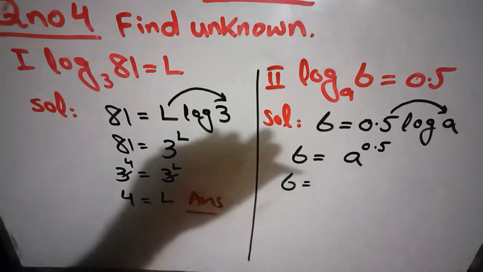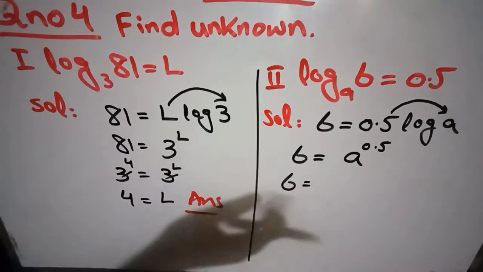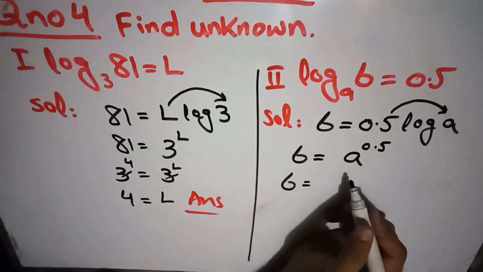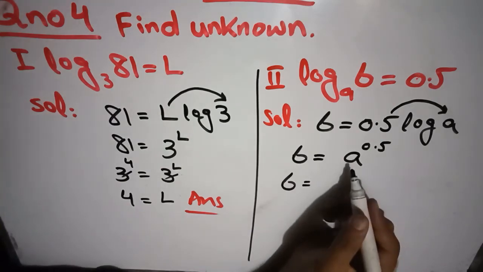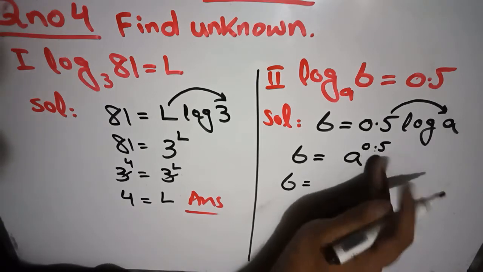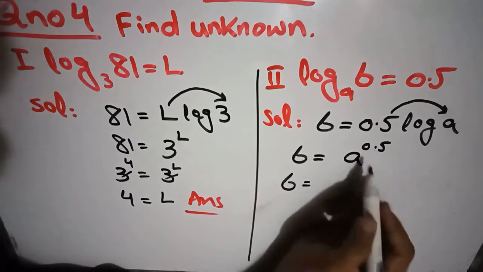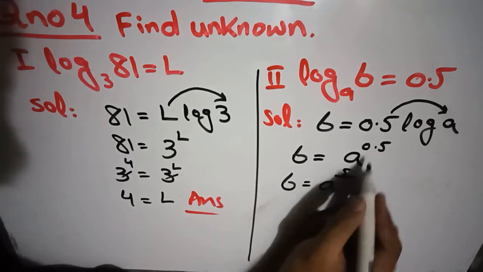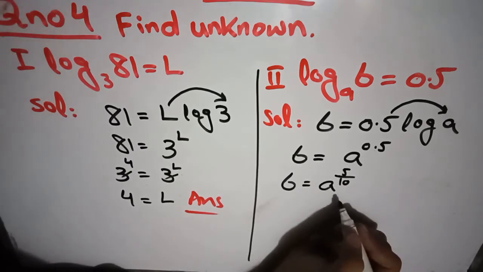If you want to equalize the power, you can do it. If you want to equalize the bases, it is up to you. I have to find the value of a. First of all, I am removing the decimal point, so 0.5 will become 5 over 10.